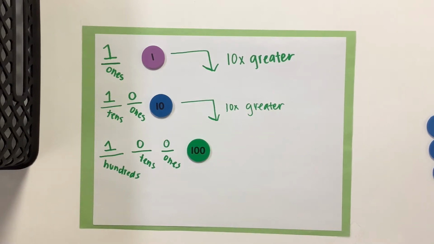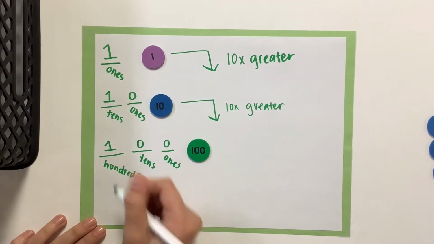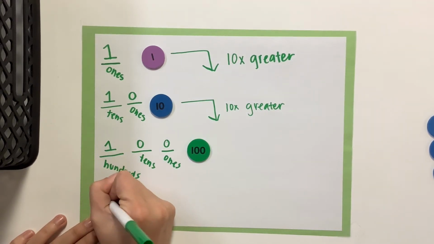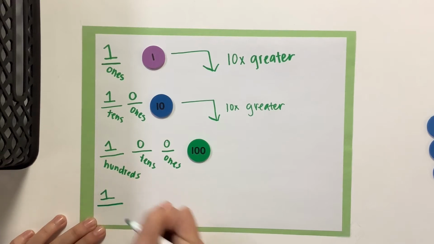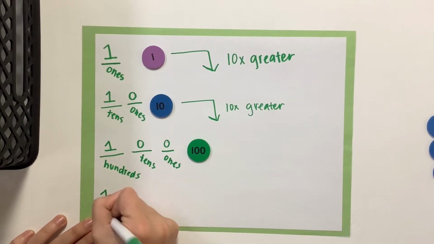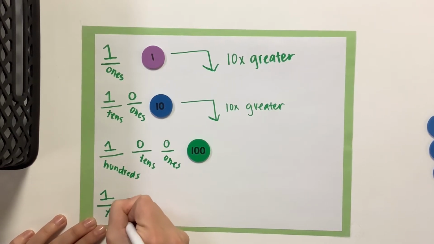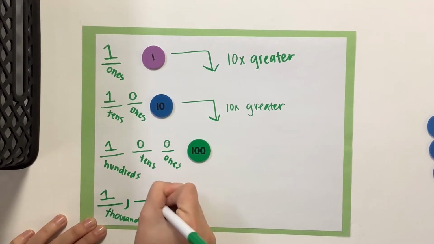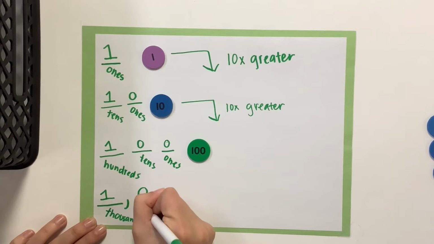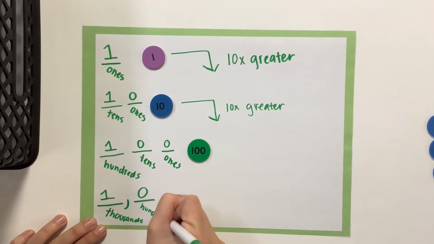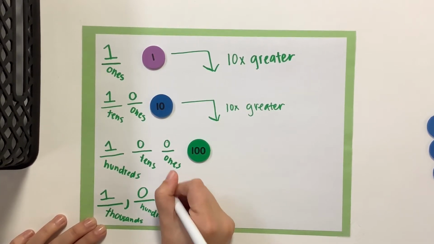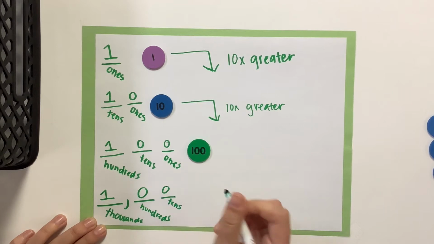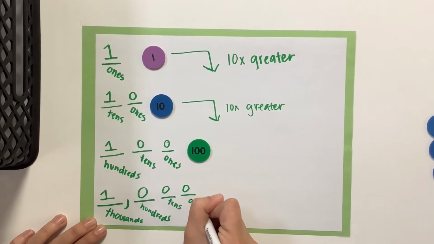Now, what do you think I'm going to do next? Well, if you said bump that 1 to the next place to the left, that's right. I'm going to now put that 1 in the thousands place. So to do that, I would have to put a 0 in the hundreds place, a 0 in the tens place, and a 0 in the ones place.